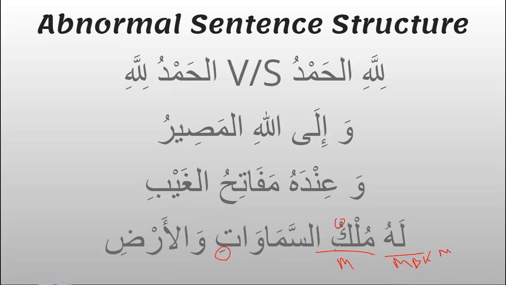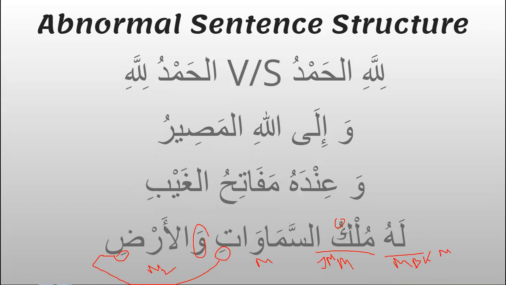So mulku samawati is jar majroor. And you can see wow is connecting this status to over here also. So samawati wal ard is the same majroor of the mulk. So mulk has majroor 1 and majroor 2.